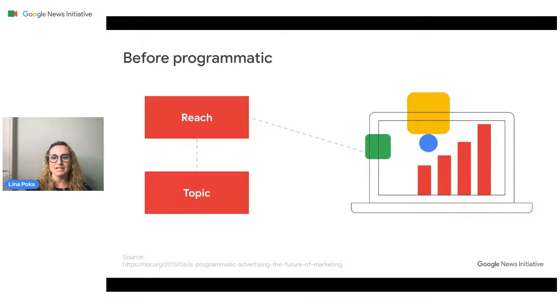So what did sales teams do? They would go out there and sell ads on print, TV, and radio, even those early websites, those early adopters. And those two key points when they were sold were the reach, essentially the numbers, as well as the context.